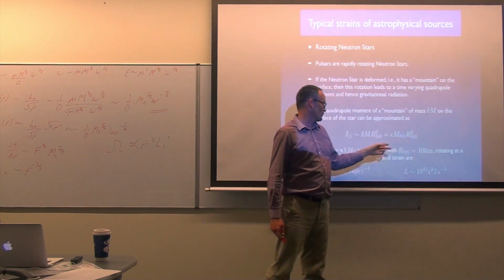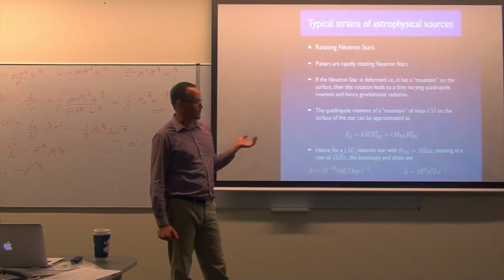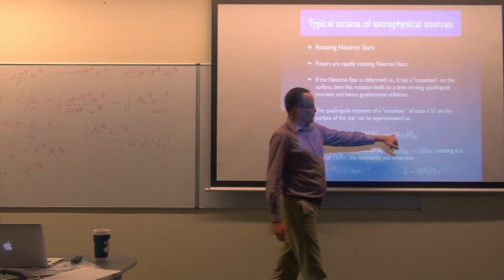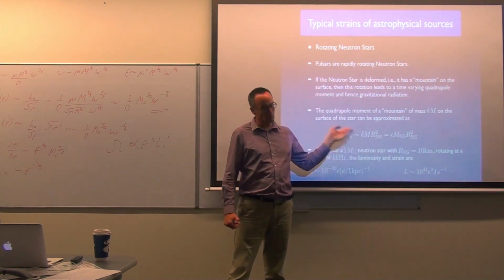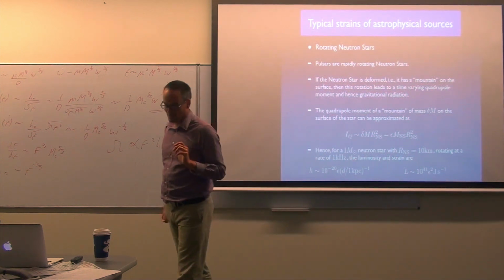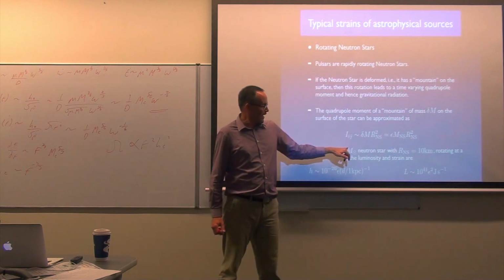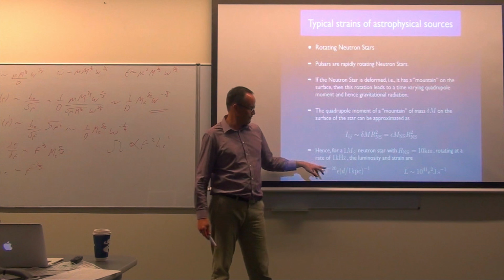squared, and that gives you the scaling for the sorts of amplitudes you might get. So the mass of a neutron star is about 1 solar mass, the radius is typically 10 kilometers, and you assume a frequency of 1 kilohertz, and you take a derivative of this.